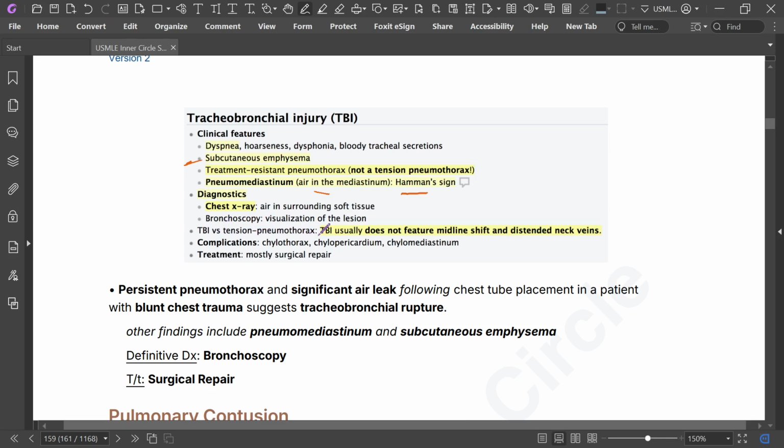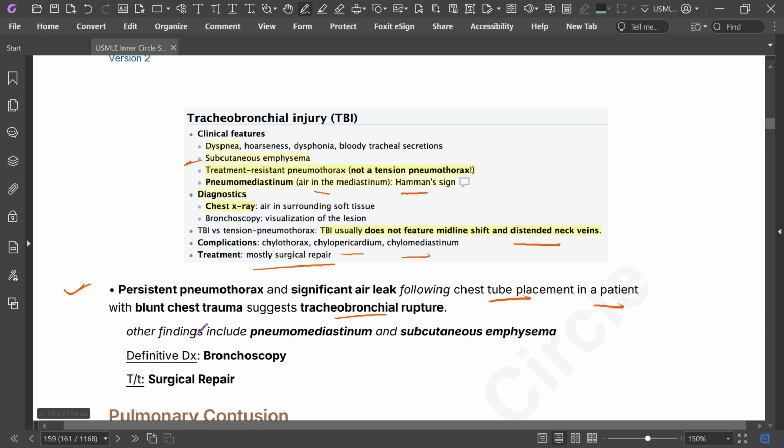Tracheobronchial injury versus tension pneumothorax: TBI does not feature midline shift and distended neck veins, very high yield. Complications include chylothorax, chylopericardium and chylomediastinum, mostly needing surgical repair. A persistent pneumothorax with a significant air leak following chest tube placement in a patient with blunt chest trauma suggests tracheobronchial rupture.